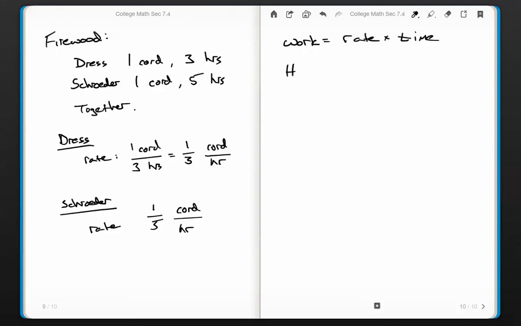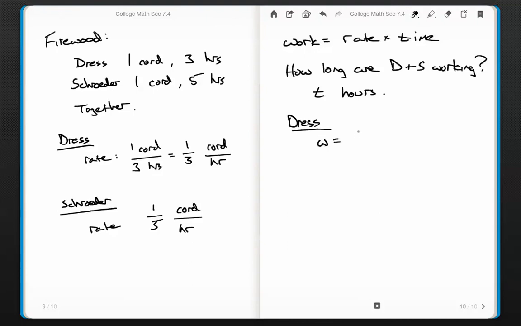How long are Dress and Schrader working? Well, I don't know, right? That was the question. So they're working for T hours. So how much work do I do? Dress, work equals 1/3 times T hours.